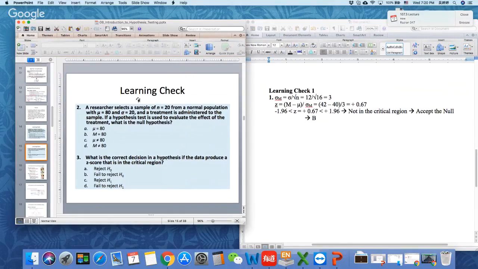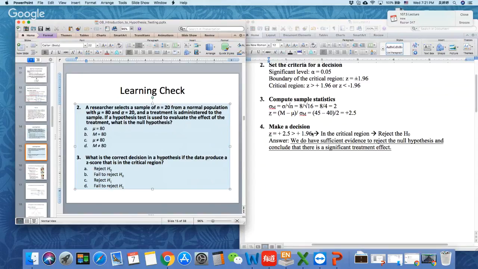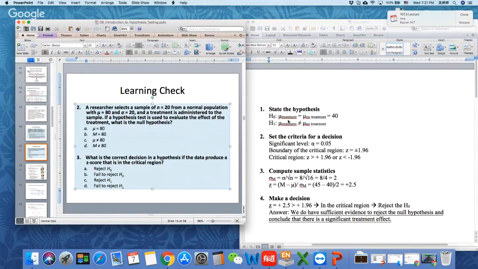Let's do the next one, the next learning check. A researcher selects a sample of 12 individuals from a normal population. We know the mu and sigma, and a treatment is administered. So what's the null hypothesis? Here we are asking about the null hypothesis, which is that the treatment does not have an effect, right?